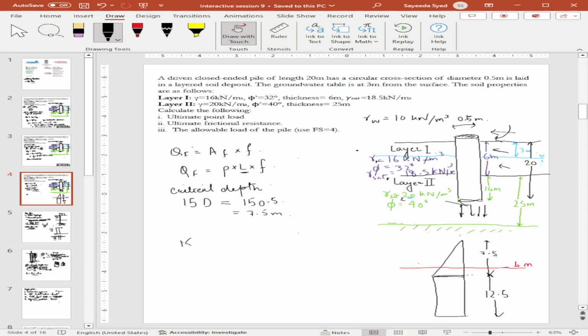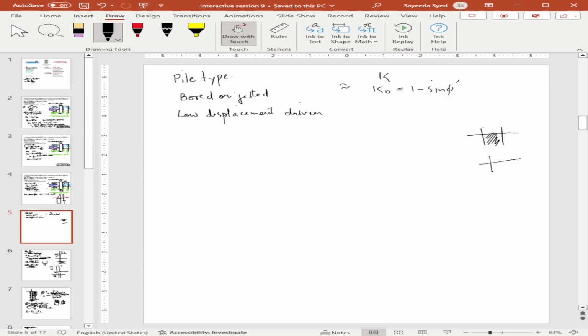But a low displacement pile is an open-ended pile which just cuts into the soil. The perimeter just cuts into the soil and then you remove this portion. But with a closed-end pile, you will have a lot of displacement of material, and a lot of this material will be displaced to the sides.